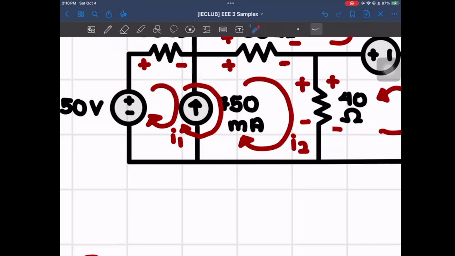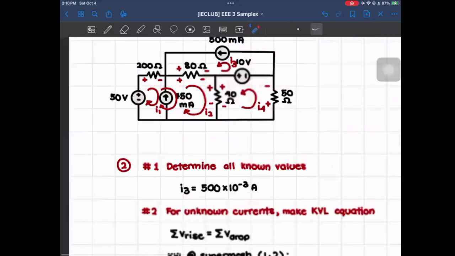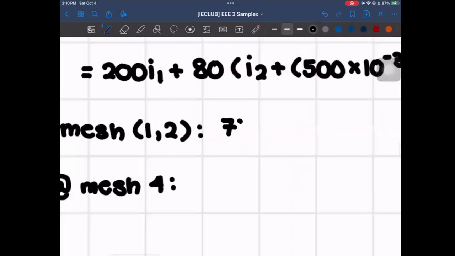So for I2, when it passes through the 750 mA current source, it's actually going upward, which follows the direction stated in this circuit. However, for I1, once it goes to that, it's going downwards, which is opposite that. So it will be 750 mA is equal to I2 minus I1. So that would be 750 times 10 raised to negative 3 is equal to I2 minus I1.